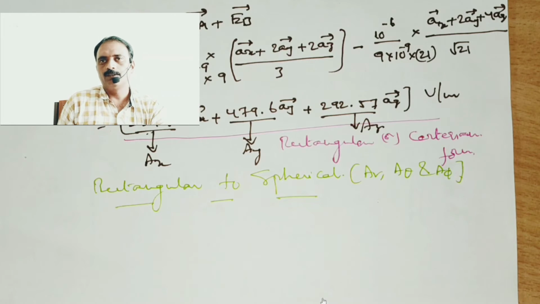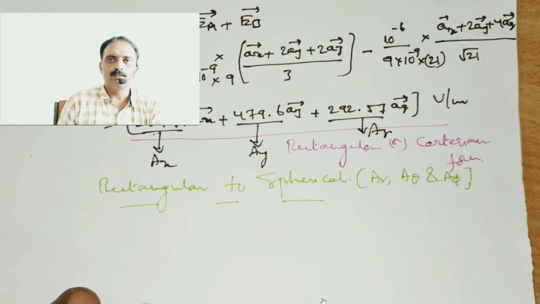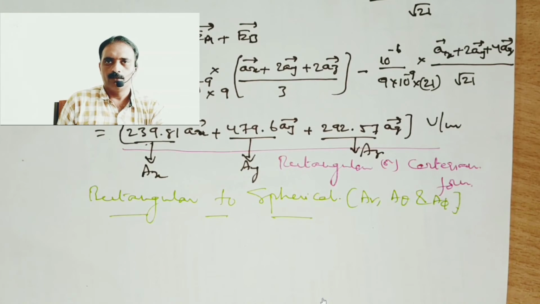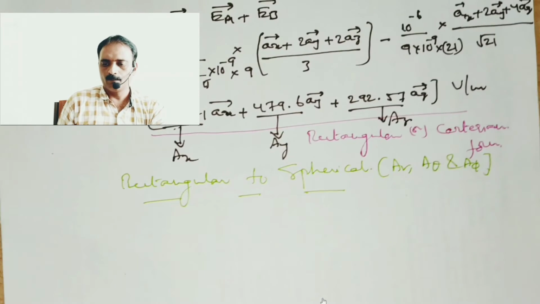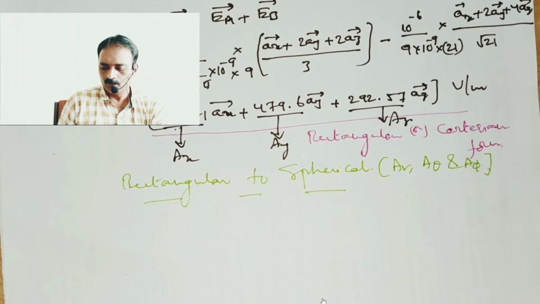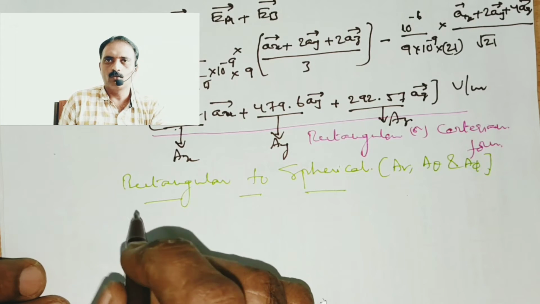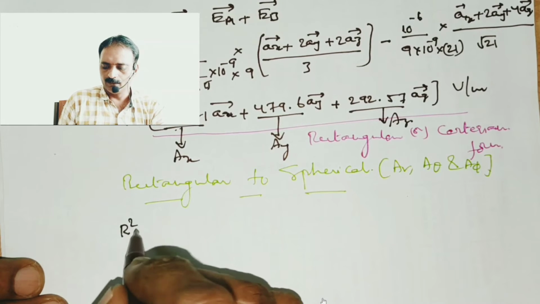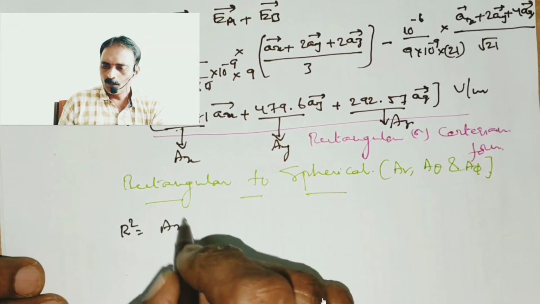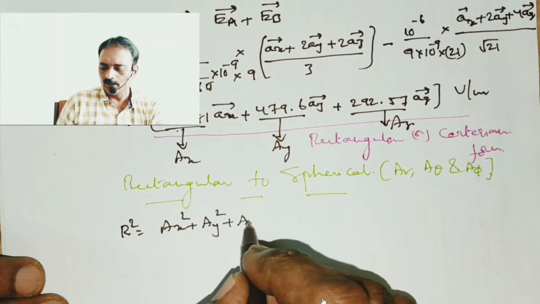If you know the values of Ax, Ay and Az, we can calculate the magnitudes of the radial distance r, phi, that is the azimuthal angle, and the polar angle theta using the formula, that is r square is equal to Ax square plus Ay square plus Az square. These things we have seen earlier. In a very elaborate manner we have explained all these things.